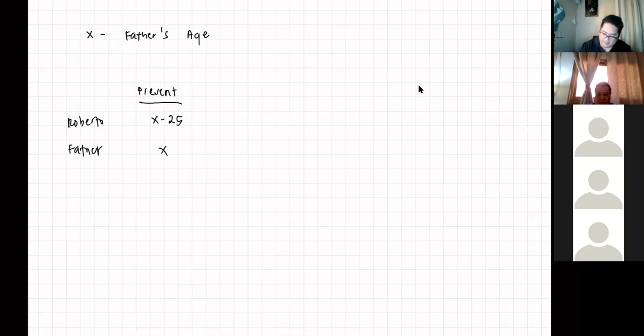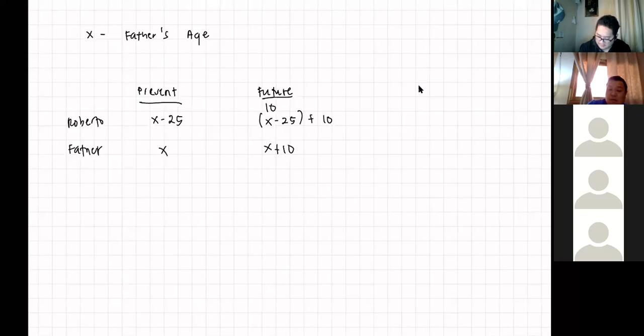Then in the future, after 10 years, yung father niya, his father will be twice his age in 10 years. So in 10 years, x plus 10 na yung age ng father niya. However, his father will be twice his age. Ang age ni Roberto in the future will be x minus 25 plus 10.